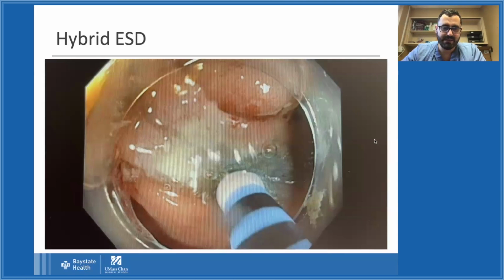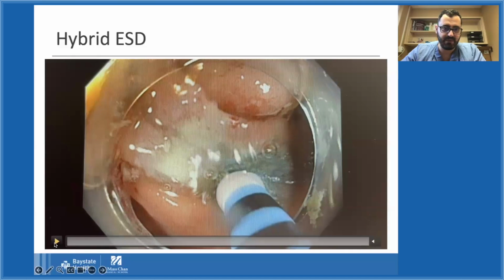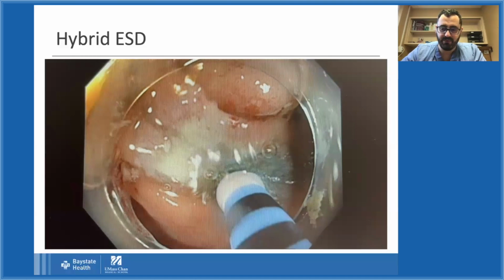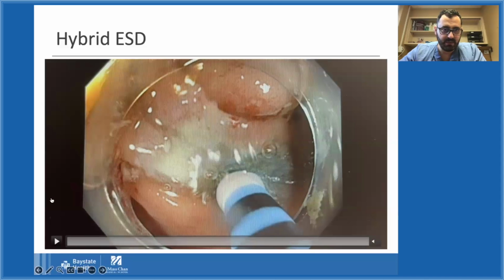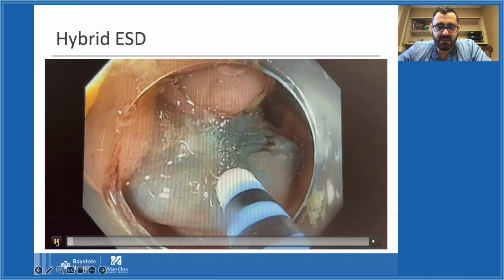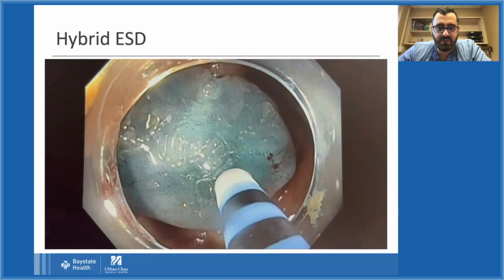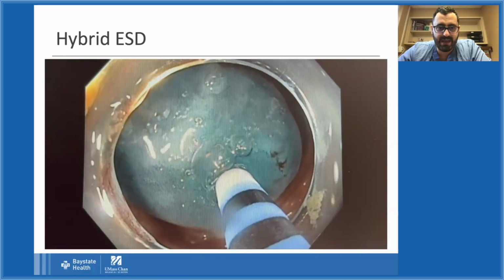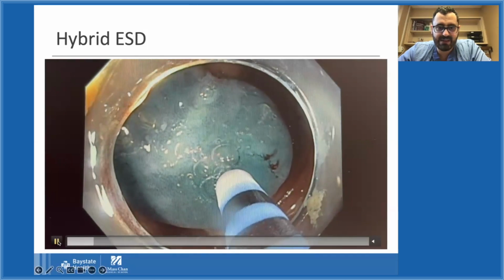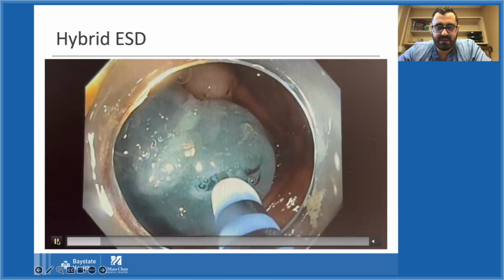Right. So this is a video of a polyp I removed with ESD or hybrid ESD. So here I'm injecting, I'm lifting the polyp. See the blue dye. I'm using the knife, and then I start cutting. I keep cutting.